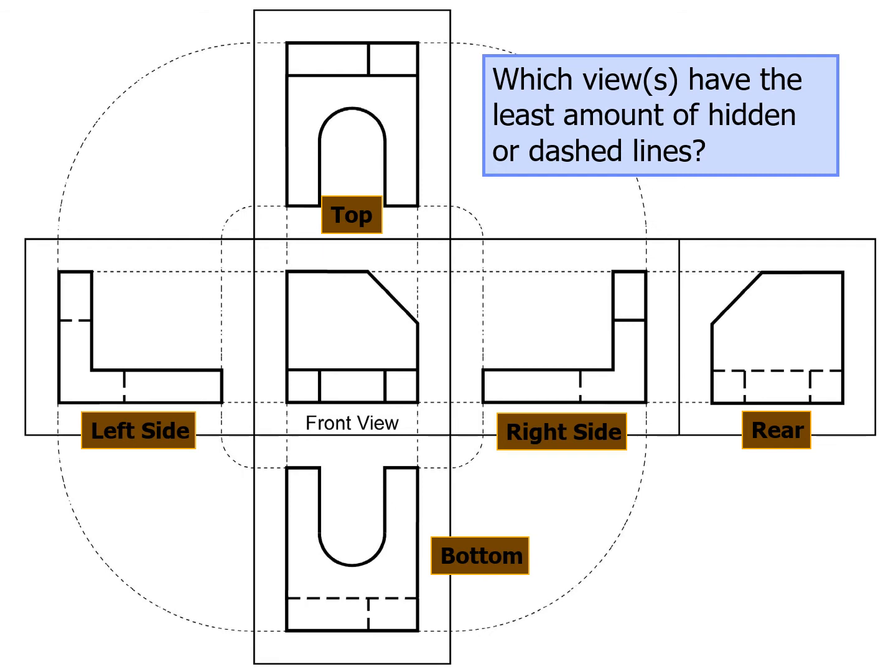When you make this kind of drawing, we also want to choose certain views so we have a minimum amount of hidden lines. If you look at all these, which one will give you the least amount of hidden or dashed lines? The hidden line is the dashed line. Well, as you can see, the front and the top don't have any hidden lines, meaning the things that you see are the actual lines, and there's no hidden line at all.